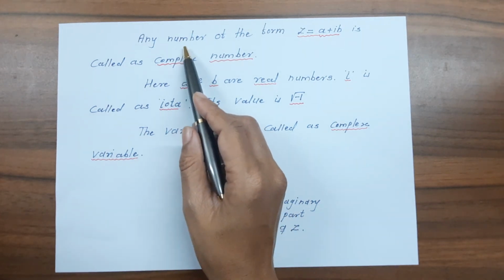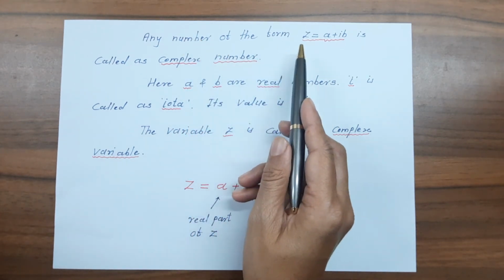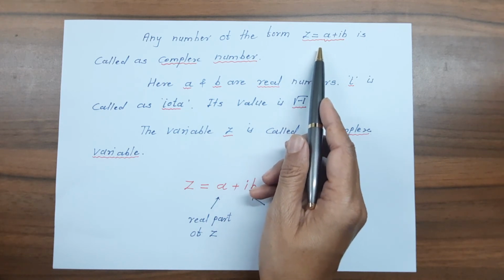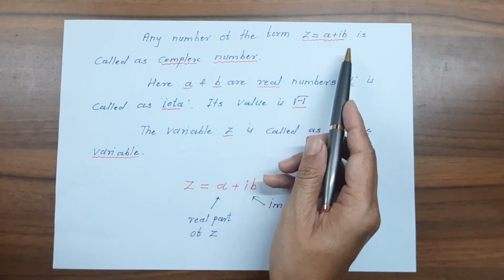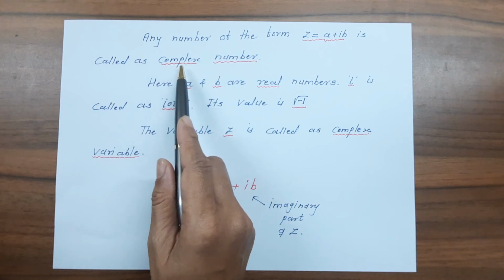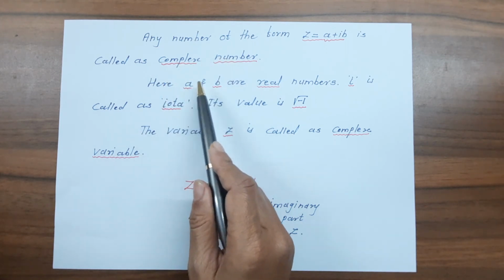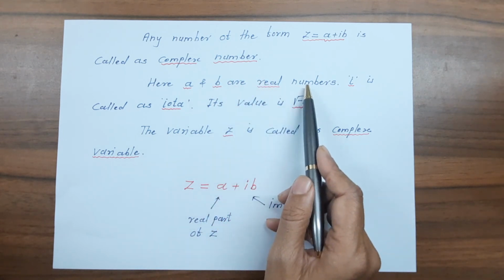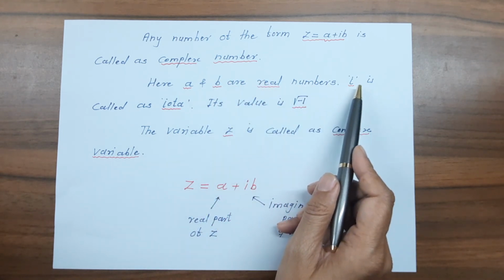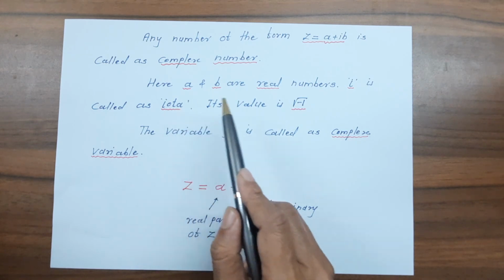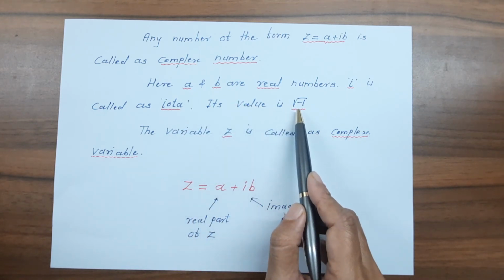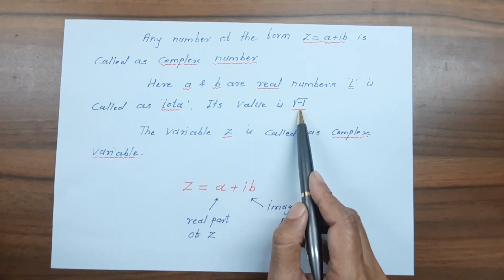So, any number of the form z is equal to a plus ib is called a complex number. Here a and b are real numbers. i is called iota and its value is given as under root minus 1.